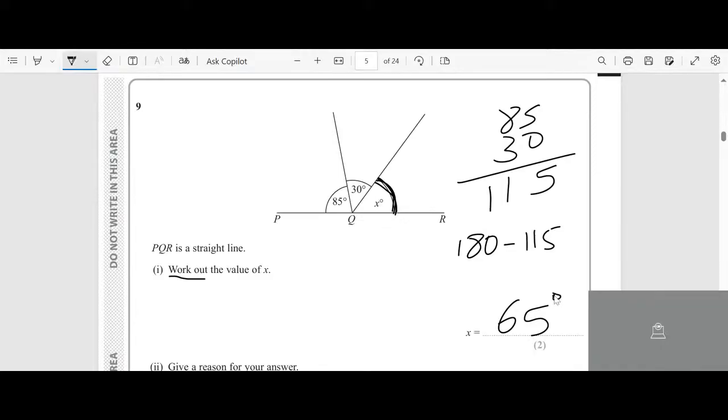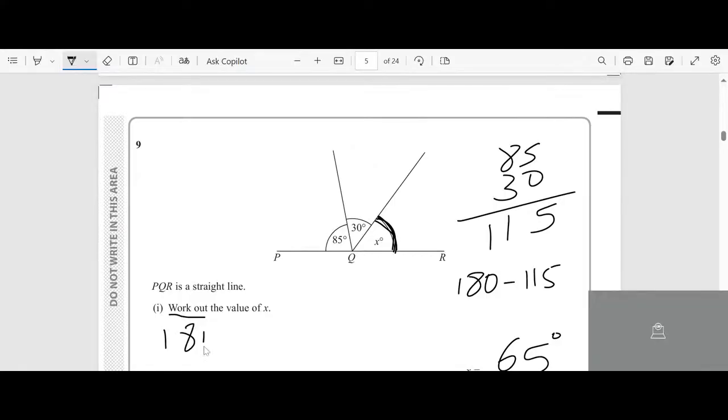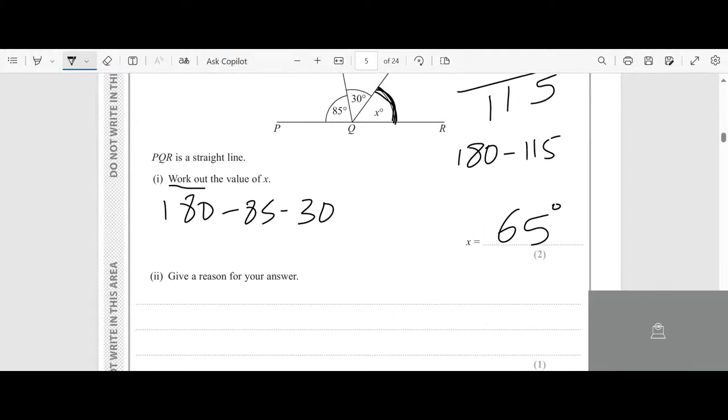And you can see that there's no error. There's no penalty for not putting the degree. Some students will say 180, subtract 85, subtract 30. Still no problem. The main thing is that you understand the property that angles on a straight line add up to 180.